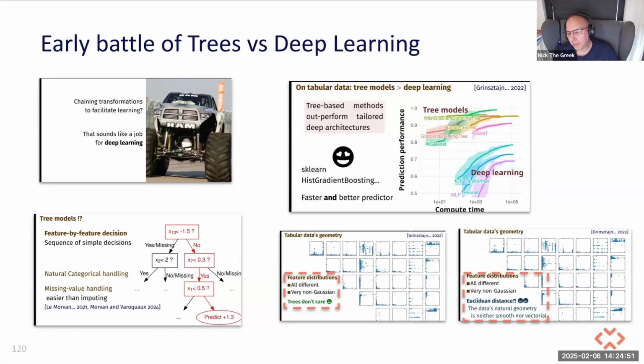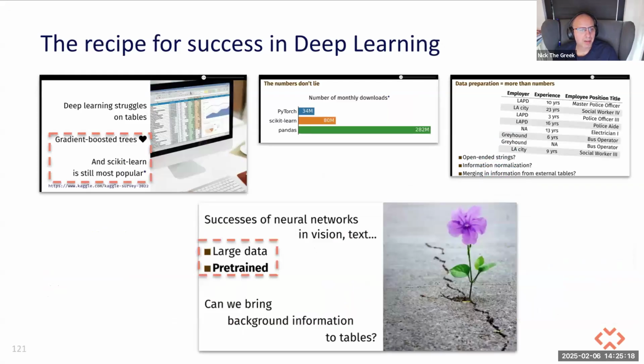So basically, what it's telling you over here, it's very hard to find a geometry for the data. And that's more like a philosophical discussion, but deep learning implicitly has or tries to discover a complicated geometry. And that geometry is neither natural nor vectorial. So it's neither smooth nor vectorial. And that is a problem for MLPs in general.